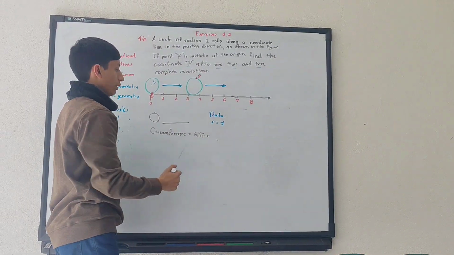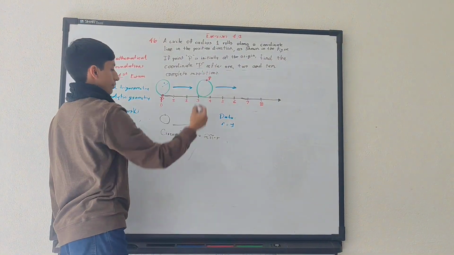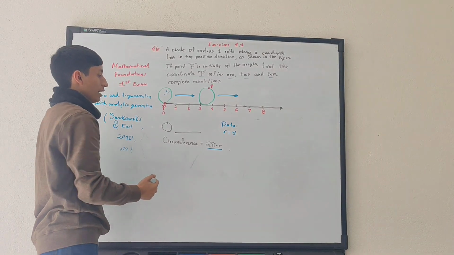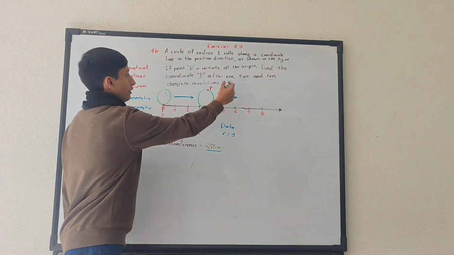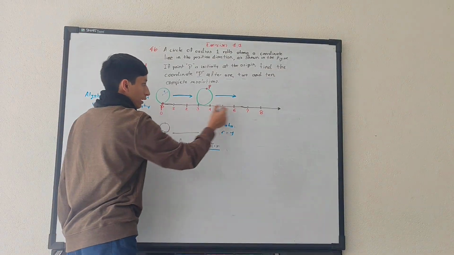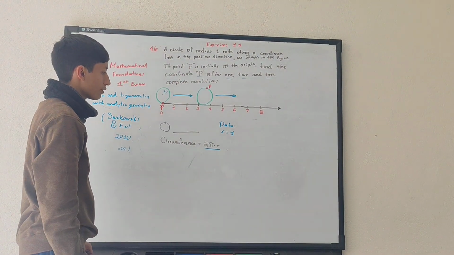So we only need to multiply the result that we obtain by 1, 2, and 10 to know the coordinate on this line for our circle after 1, 2, and 10 complete revolutions.